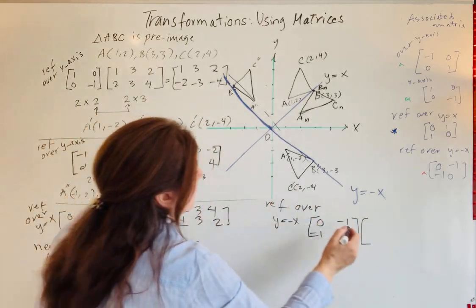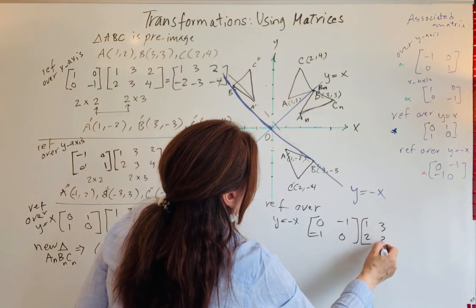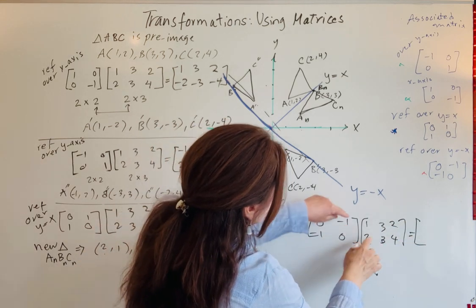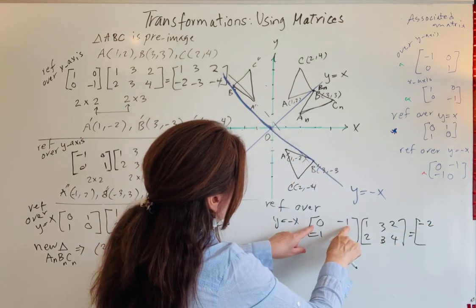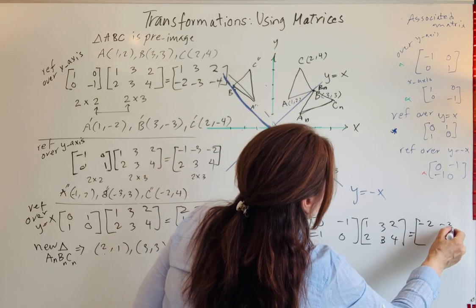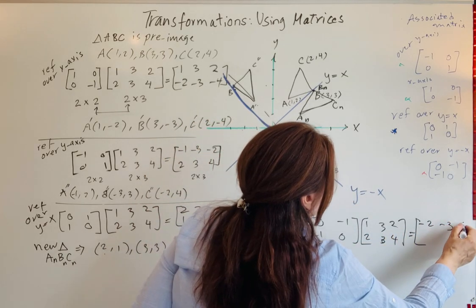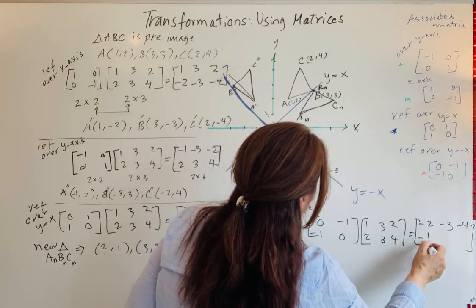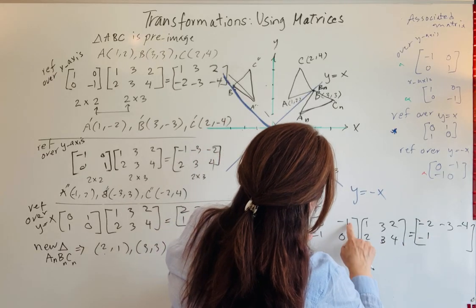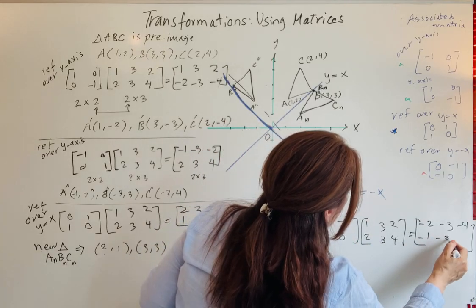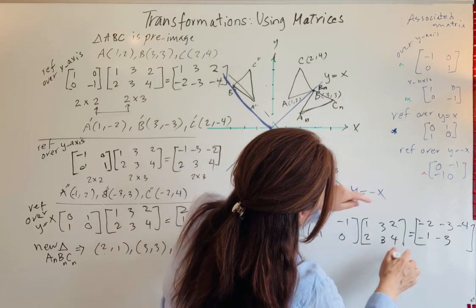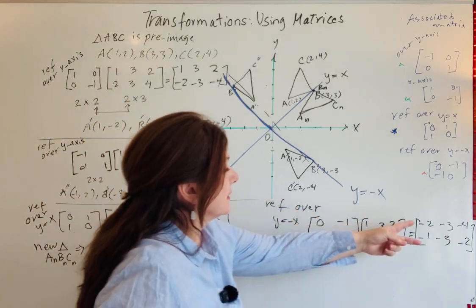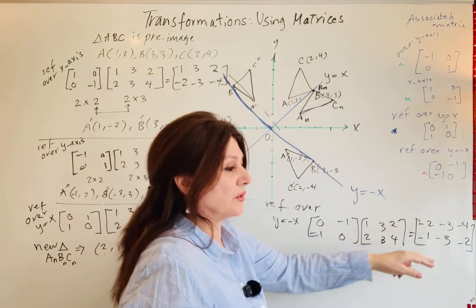What is AB? 1, 2, 3, 3, 2, 4. The result gets negative 2, negative 3, negative 4, negative 1, negative 3, and negative 2. Yes, everything just exchanges and changes the signs.